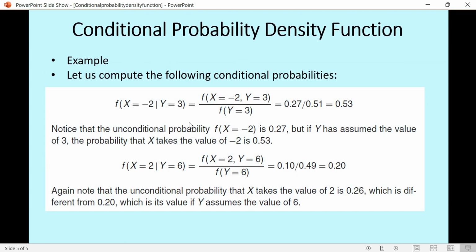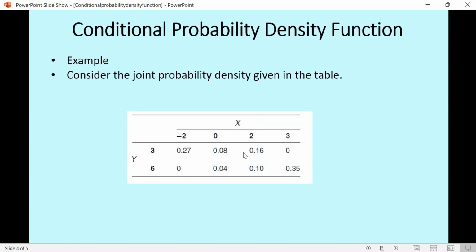Now say we want to calculate the conditional probability for x equals -2 given y equals 3. We fill in the probability of y equals 3 in the denominator, and the joint probability of x equals -2 and y equals 3 in the numerator. So we look in the table: this is the joint probability for x equals -2, y equals 3.